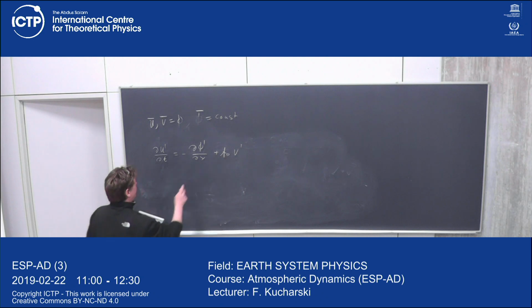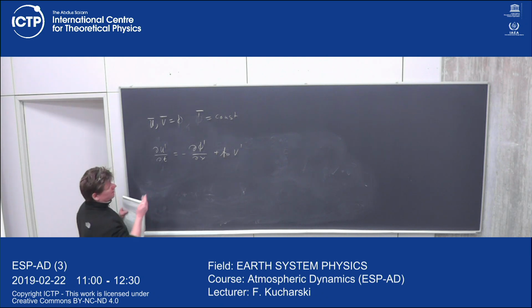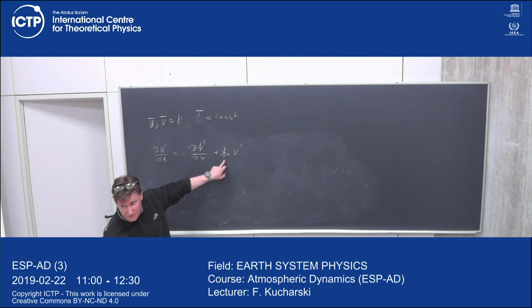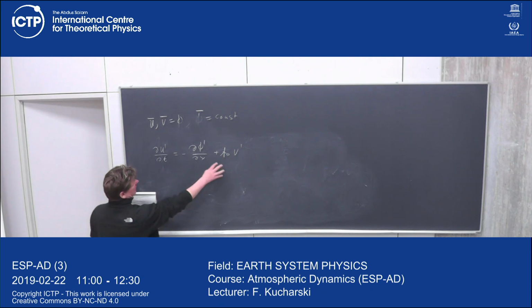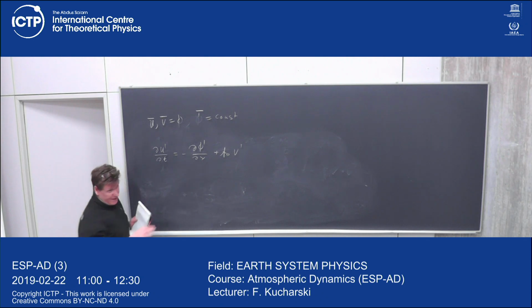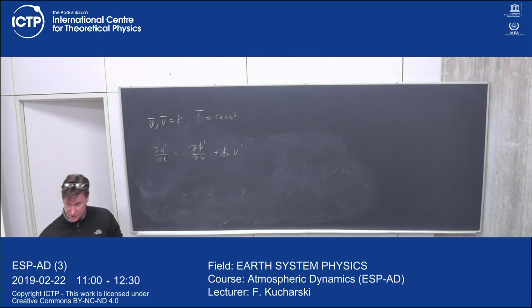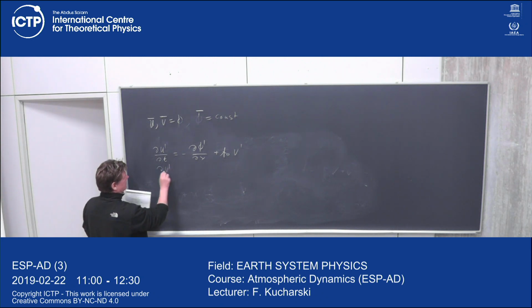We want to keep f as a constant. If we want Rossby waves, really f should be varying. But then the equation is not easy to solve, because then we have a linear equation, but with non-constant coefficients. We will deal with this case for the tropical Rossby and Kelvin waves. But for the time being, we don't have to do that.